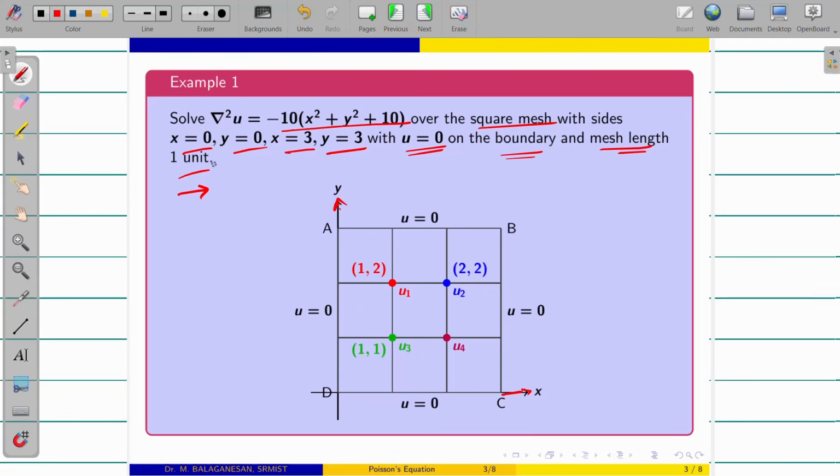We know very well that x is 0 on the y-axis and y is 0 on the x-axis. These are the lines x equal to 0, x equal to 1, x equal to 2, x equal to 3. So this is the x equal to 3 line. Similarly, y equal to 0, y equal to 1, y equal to 2, y equal to 3 lines. This is the y equal to 3 line. If you draw that and join the points, we get 4 interior points here, and all the boundary values are 0 here.